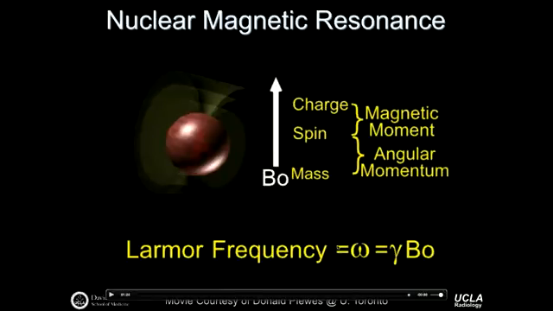And higher frequencies actually give rise to stronger and stronger signals. So it's one way in which having a high magnetic field helps. Interestingly, and we'll see this in a second, gamma could be positive or negative. And that just governs the handedness of the precession. It can be a left-handed precession, as it is for protons, or it could be a right-handed precession, as it is for, I can't remember, but it's in that table. Something has a negative gyromagnetic ratio.